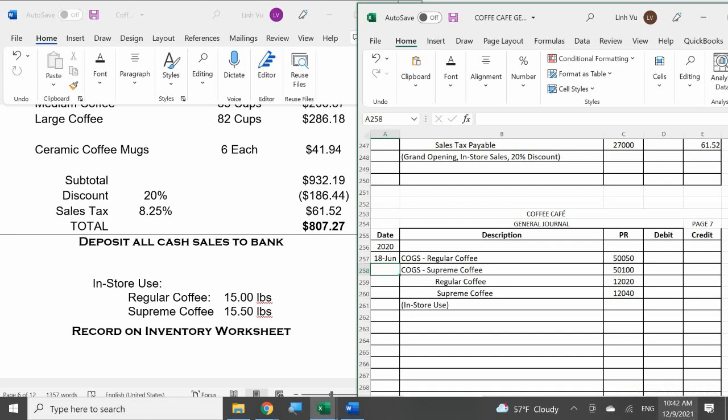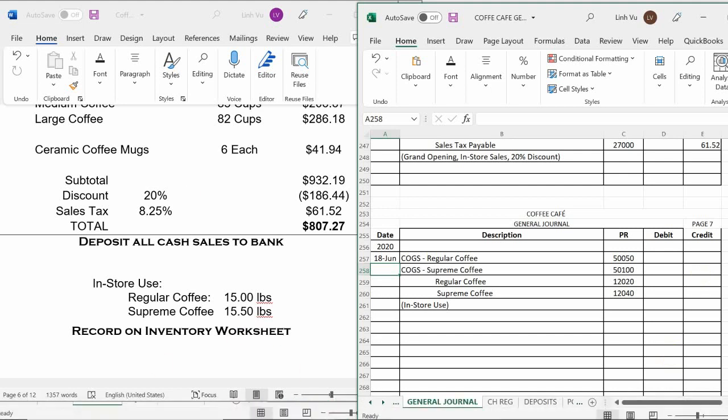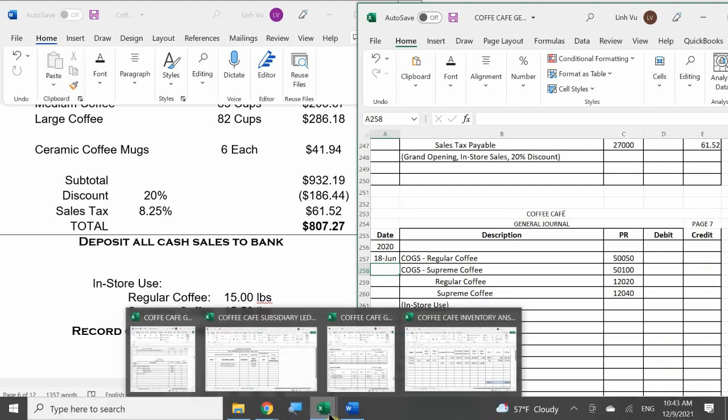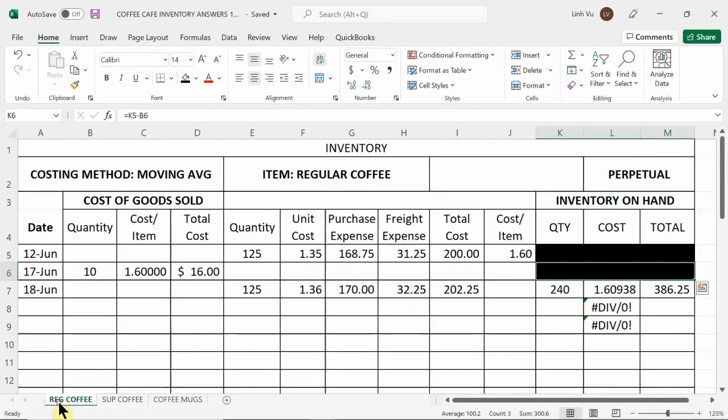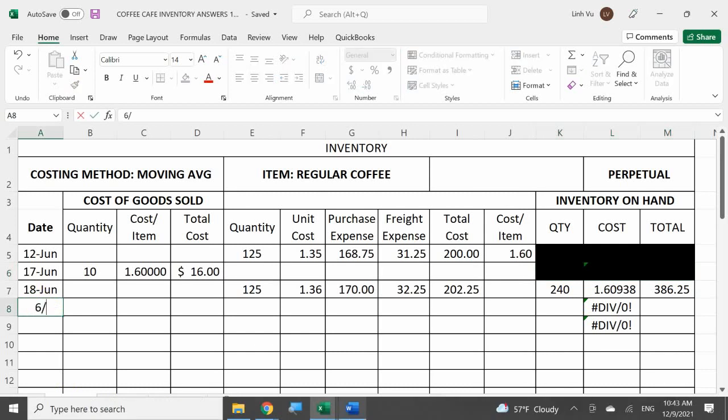Okay, but in order to figure out those numbers, we need to go into our inventory worksheet. So we used 15 pounds of regular coffee and 15.5 pounds of the Supreme coffee. So regular coffee, 618. We used 15 pounds at what average cost per item? 1.60938.